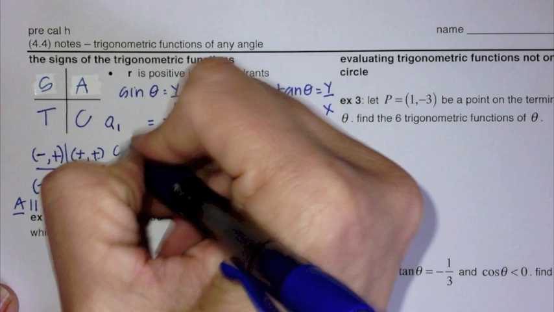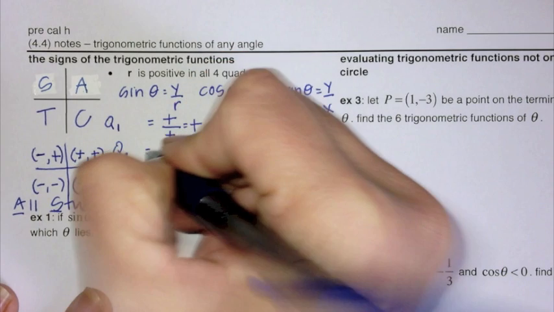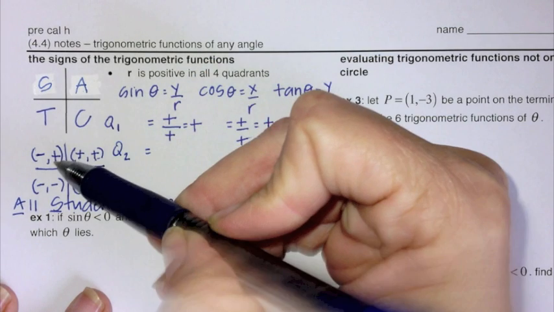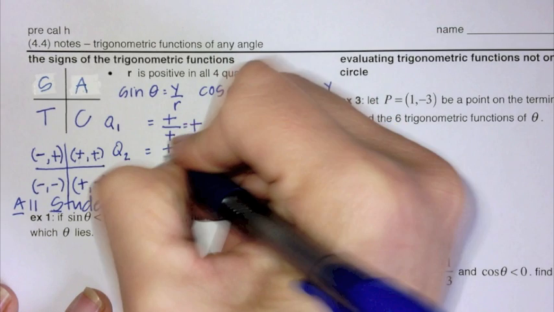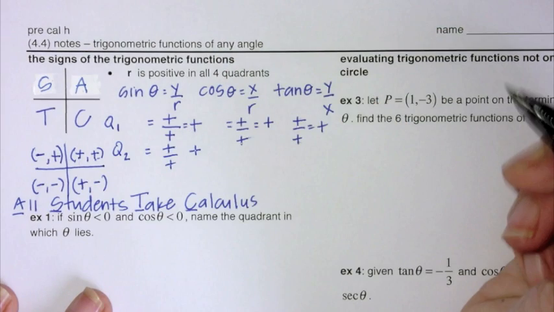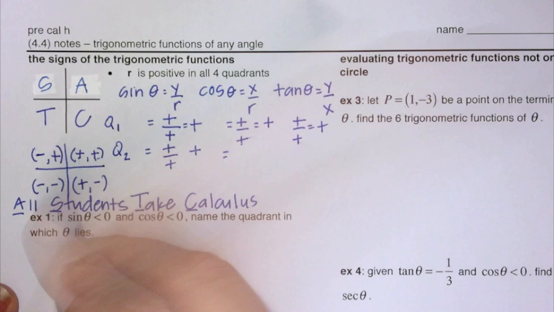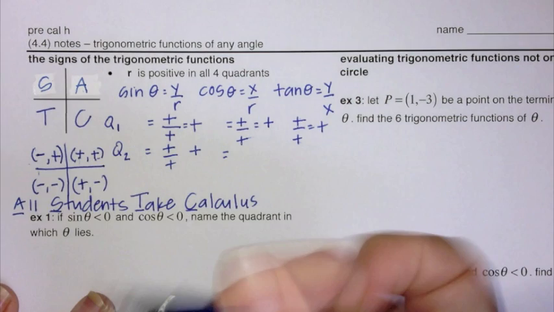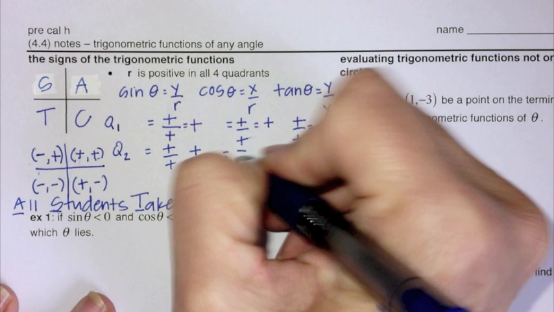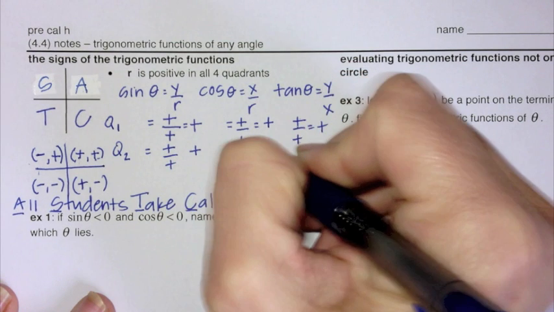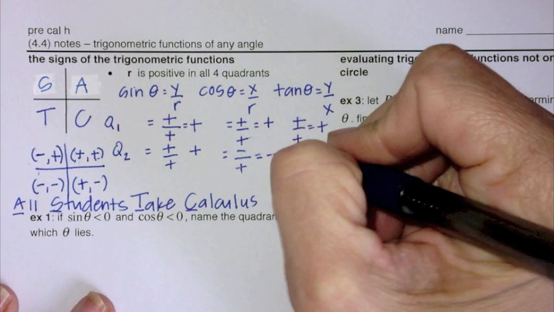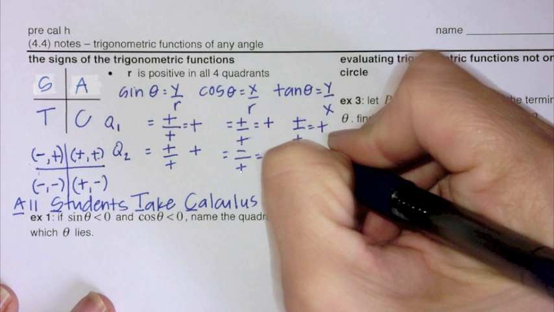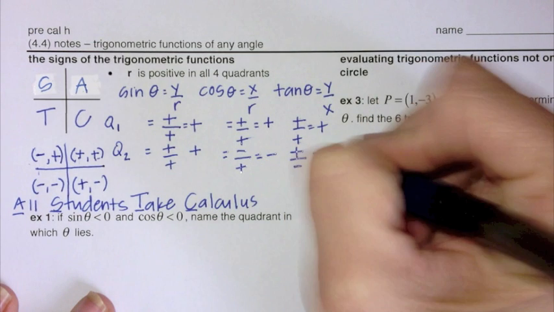In quadrant 2, when I go to do sine, sine goes with the y value, so it's going to be a positive over a positive again. So sine is positive. When I go to do cosine, notice any x values in quadrant 2, because we had to go to the left, are negative. So that's a negative divided by a positive, which is a negative. And then when I go to do tangent, it's y over x, and I also get a negative.